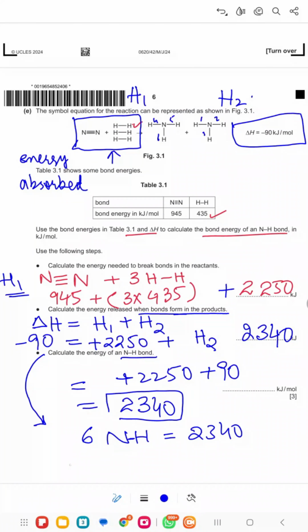One single bond is there between N and H. So if we want to calculate the bond energy of N–H, we have to divide this value by 6 and the answer will be 390. So 390 kilojoules per mole is the answer for this reaction. So you all have to calculate the bond energies accordingly.